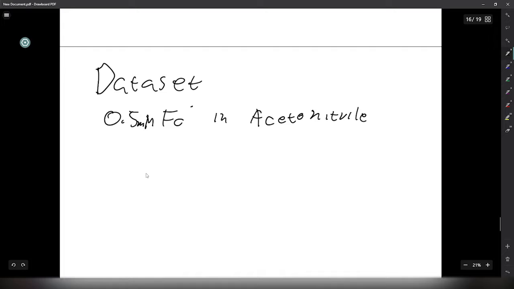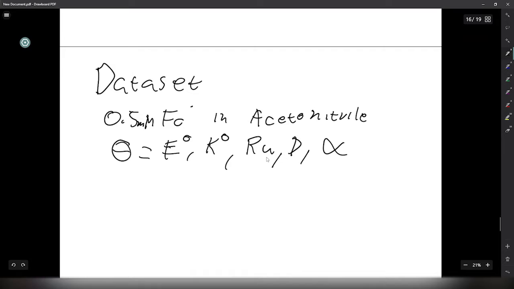Now, the first thing you would do is identify what parameters to change. So first you'll set parameters. For ferrocene, you've got E naught, K naught, RU, diffusion, alpha, and your CDL.